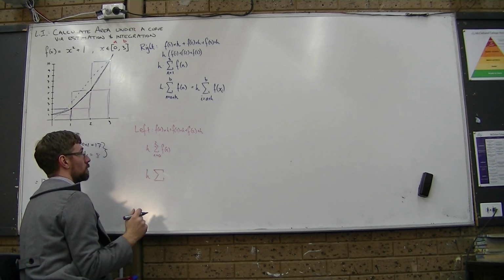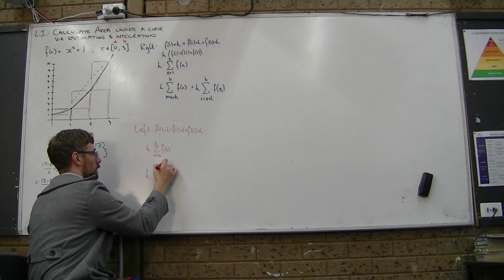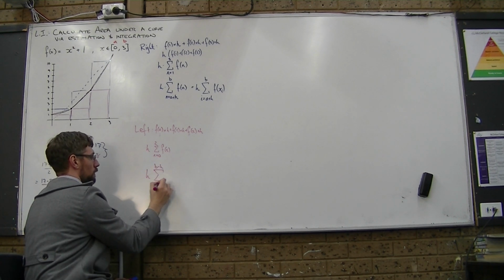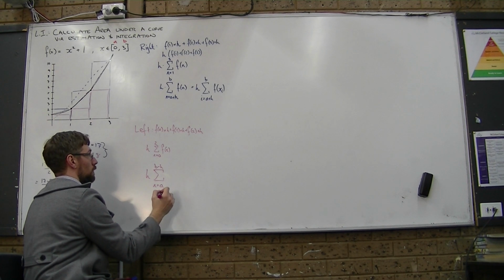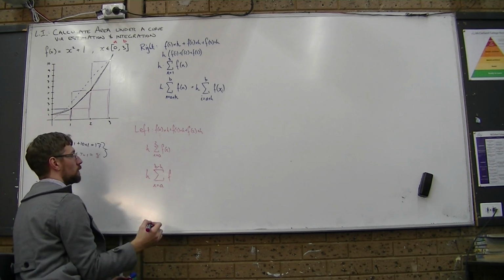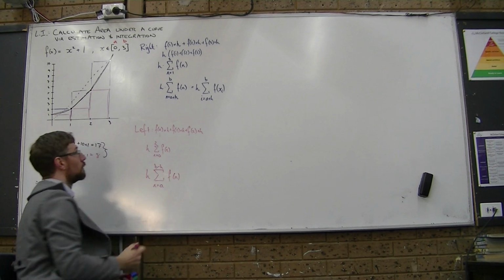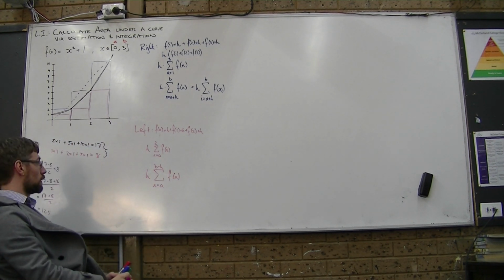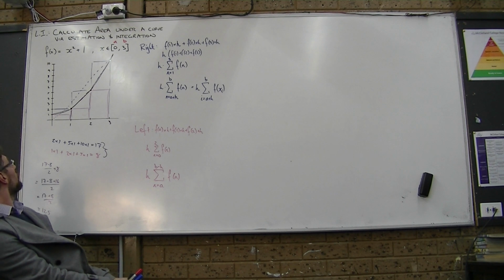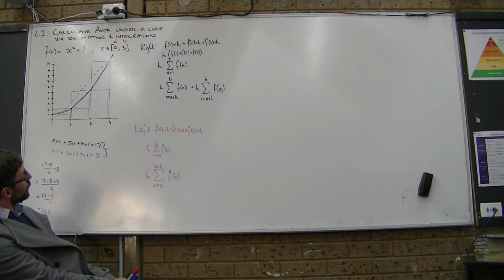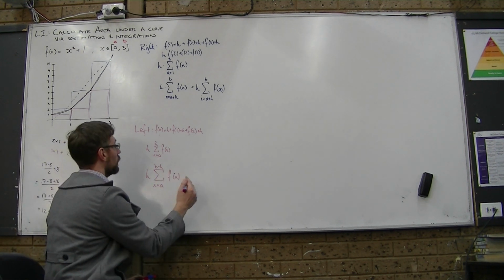So B minus H on the top, and then the bottom is n equals A. And then F is F of n. Does that work? I think that works, just shifting the count across.